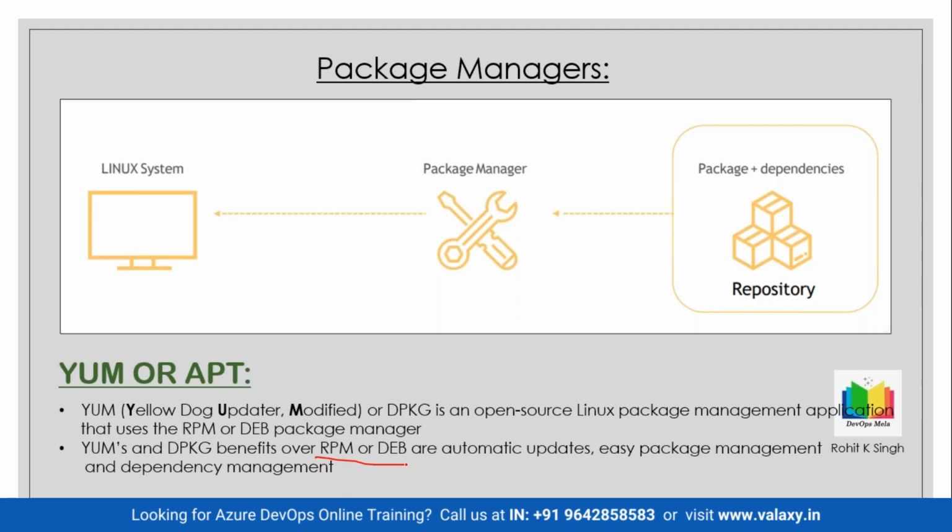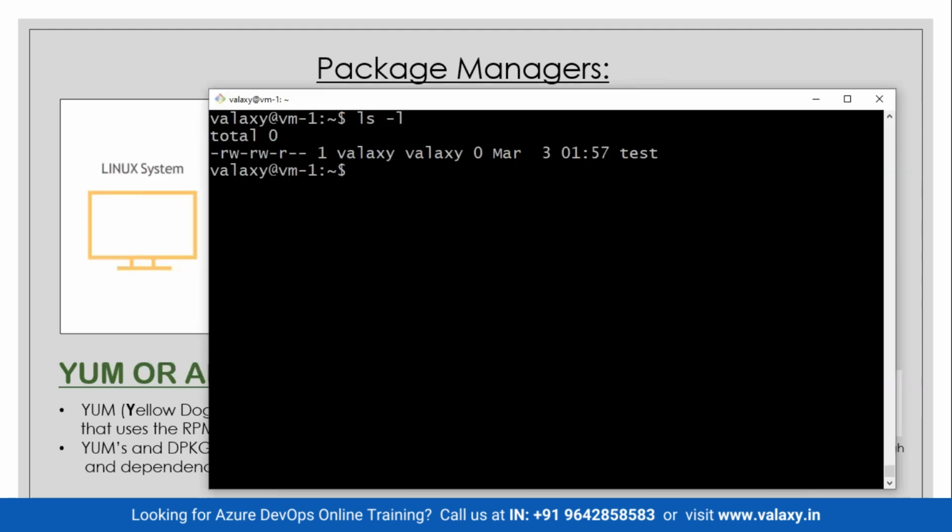What do I mean by that? For example, if you download Git on your Linux operating system, Git is not the only tool which gets downloaded. Git is dependent on some other tools as well.